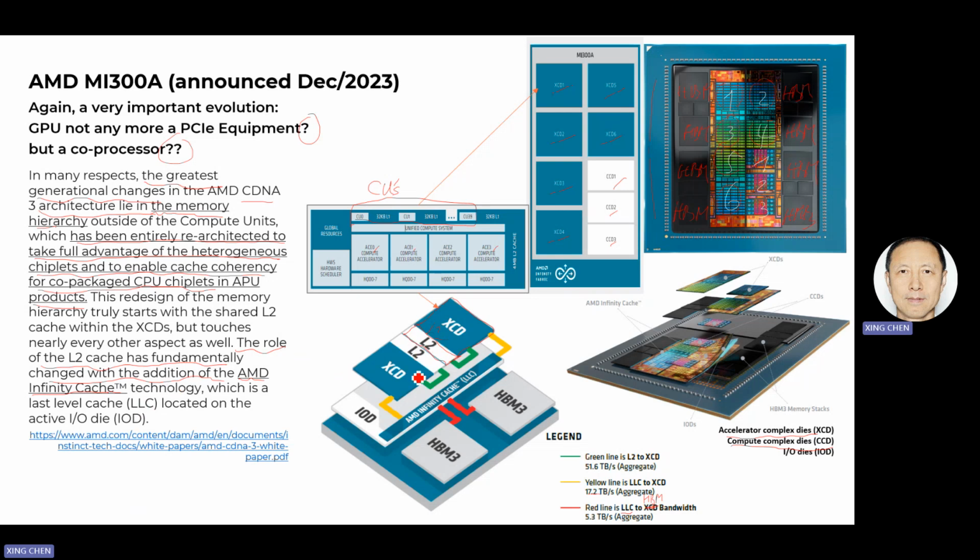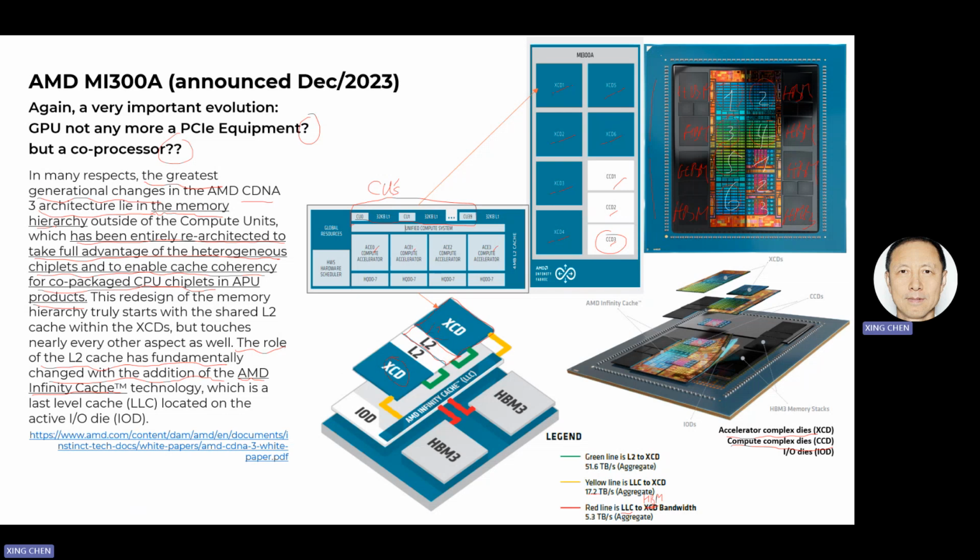That's to say that the cache is always connected to the GPU die. It's always connected to the CCD die, and then we have these links between the GPUs, which is going to connect the CCDs, the CPU and the GPUs, but the cache has always been attached to the CPU or to the GPU.